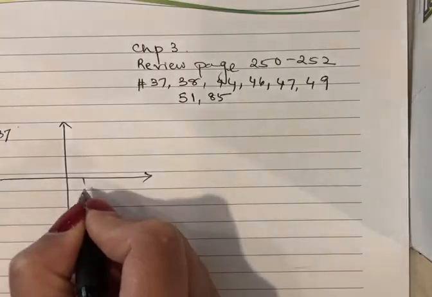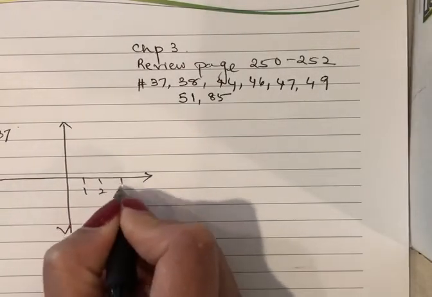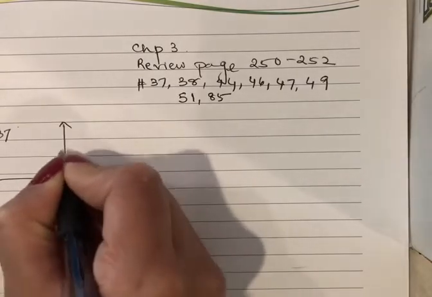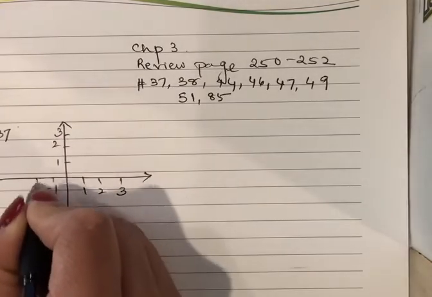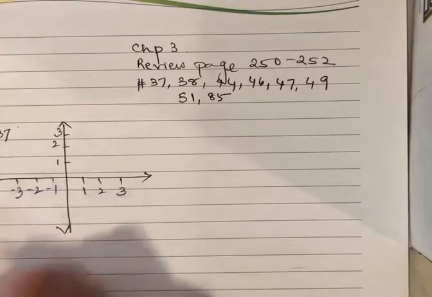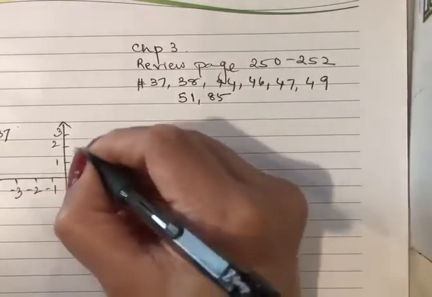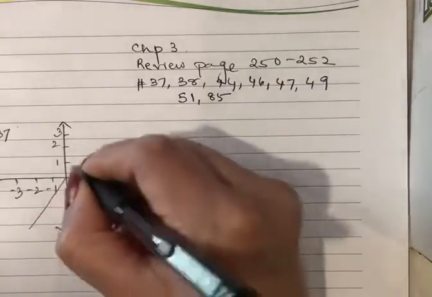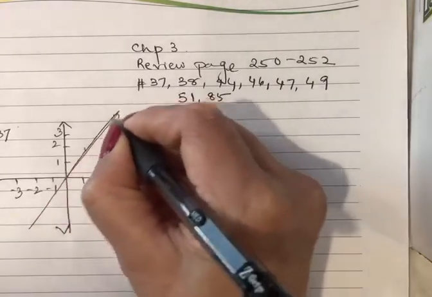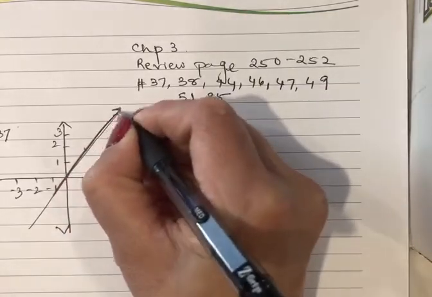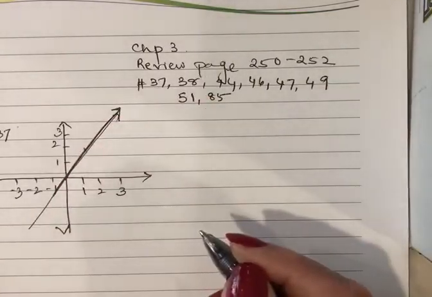I see 1, 2, 3, 1, 2, 3, negative 1, negative 2, negative 3, and the line actually goes from here to here. So basically it is going to be this way. They want us to find the slope of the line.